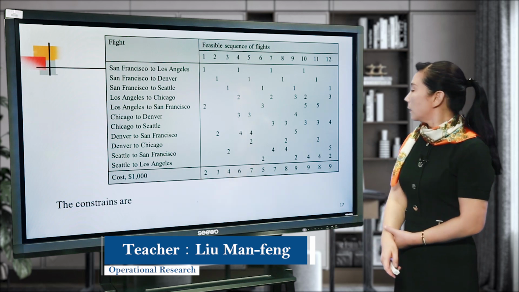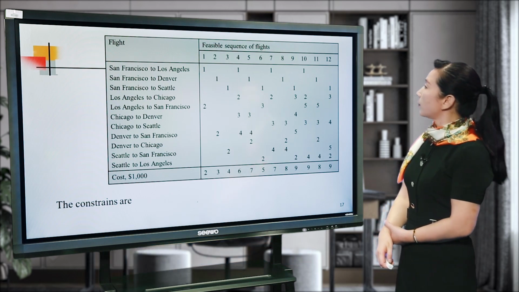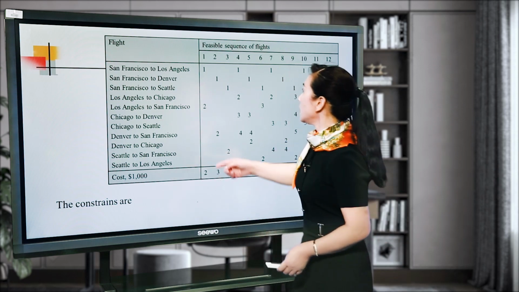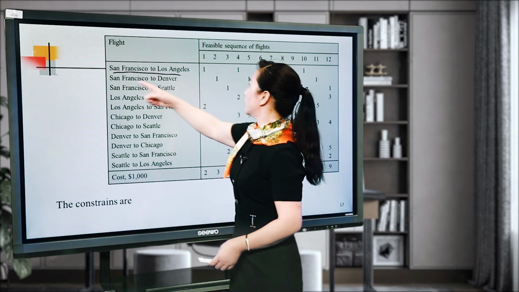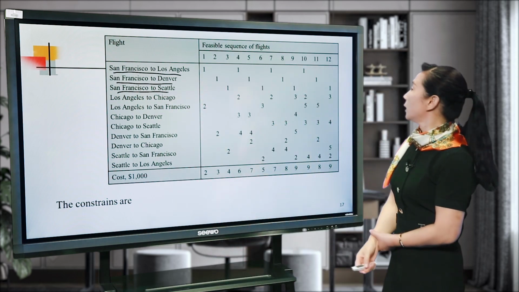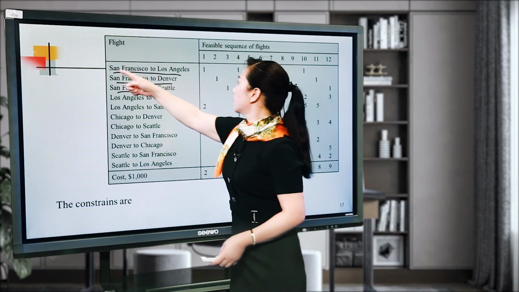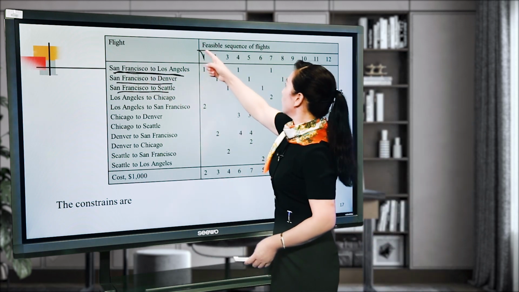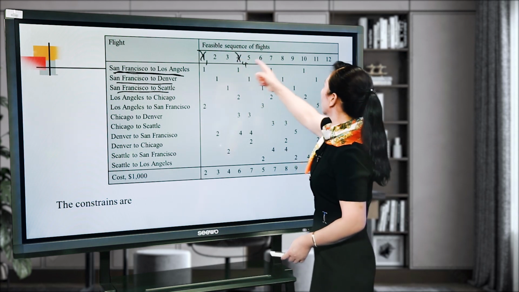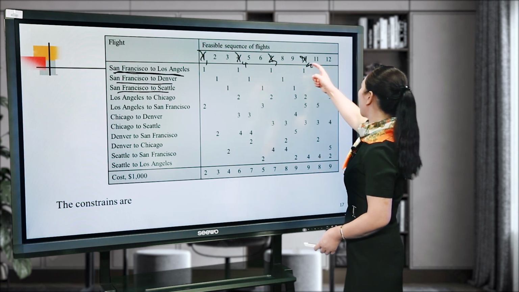Step 3. We think about the constraint in this problem. In this problem, the constraint is that any flight must be covered by a crew. So, for example, for this flight, x1 can cover it, x4 can cover it, x7 can cover it, x10 can cover it.